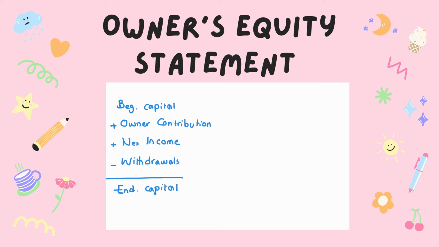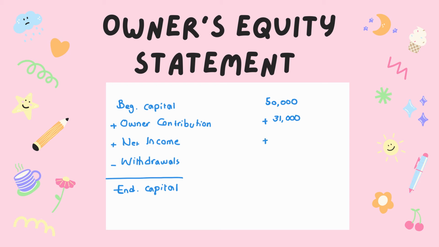Now he's asking to prepare the equity statement for 2016. So beginning capital for 2016 will be the ending for 2015. So it was 50,000. I add to it owner contribution. From the second column, it's 31,000 plus net income.